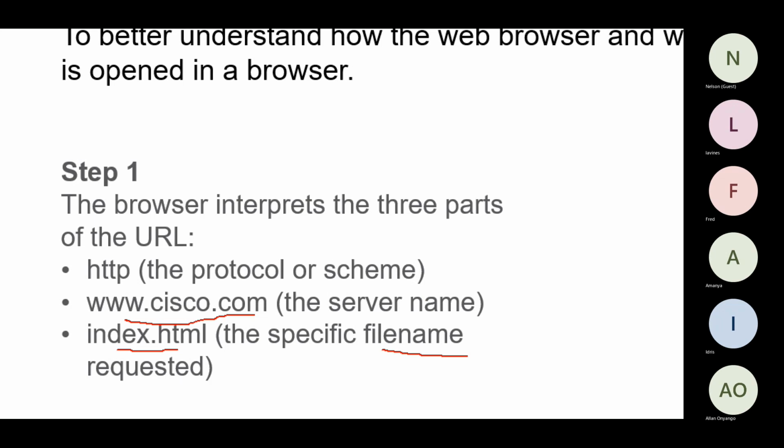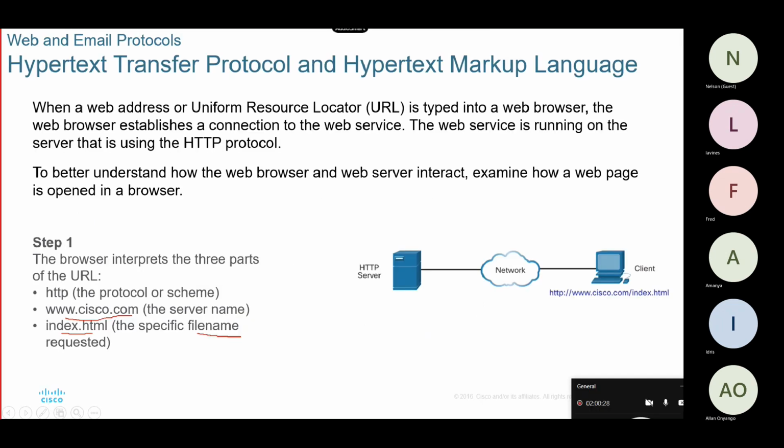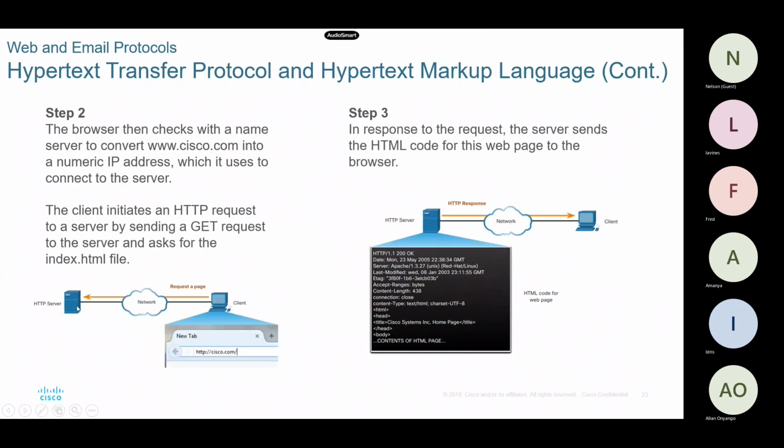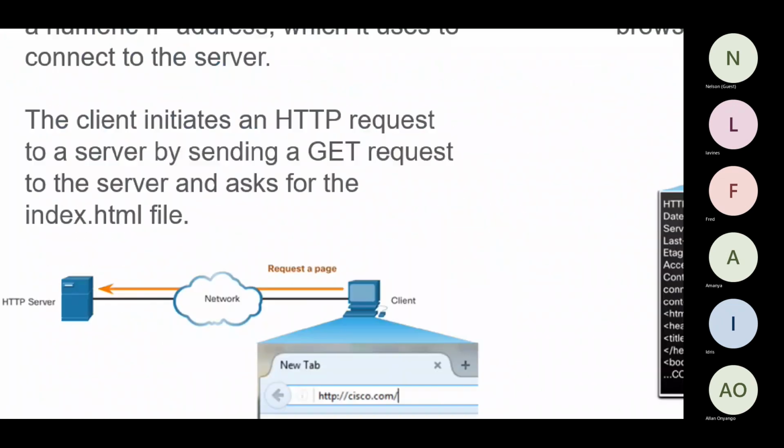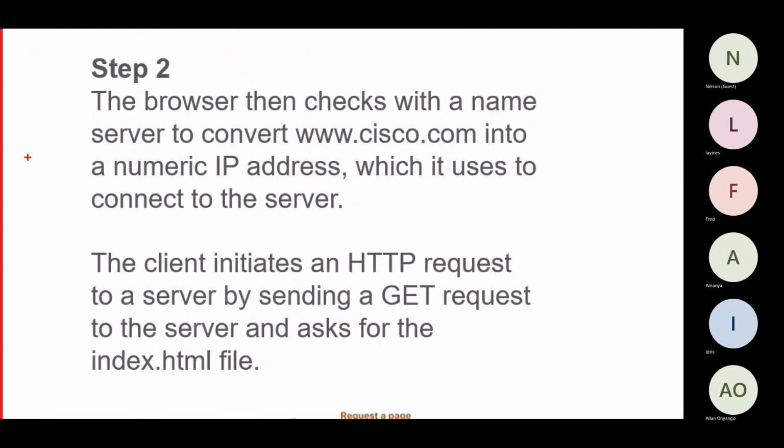It's important to note that the second step of this process is very significant, because once the browser has interpreted the three parts of the URL, the browser is going to check with the name server. Which is the name server? This is the DNS server.